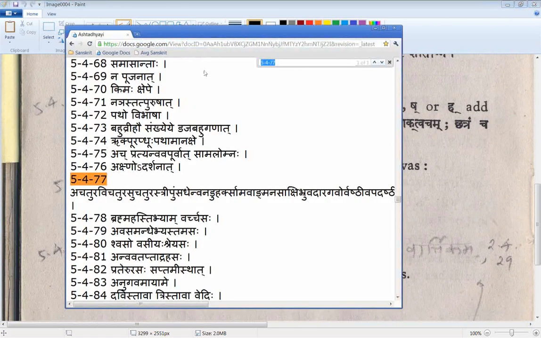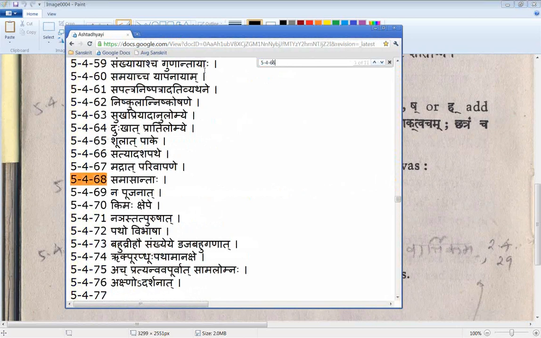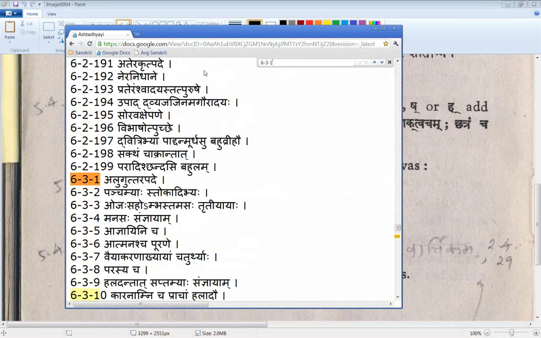Samasantaha taddhita pratyayas come at the end of the compound and become part of the pratipadikam, while the operations in 6.3.1 talk about what happens to the purvapadam when the uttarapadam follows.